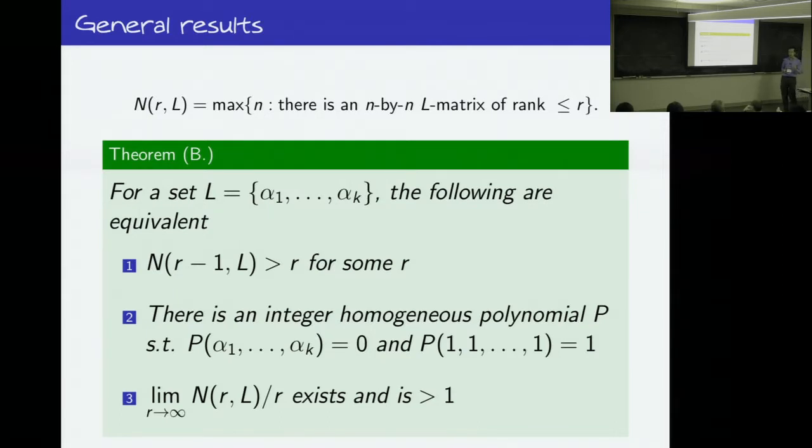Yes, Zach? Are real numbers? Very good question, and I expected it from you. The result is true over an arbitrary field. Unfortunately, as you can probably expect, I don't have any results for rings.